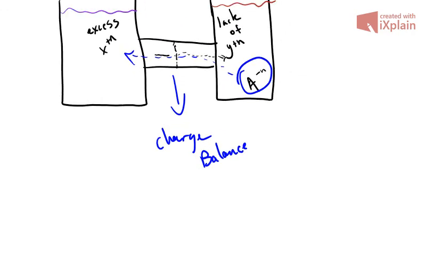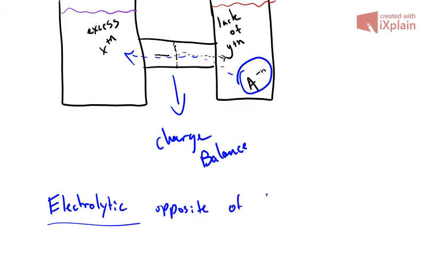All right, so that is a galvanic cell. Now, an electrolytic cell, I'll write that out, electrolytic cell, is the opposite of galvanic.